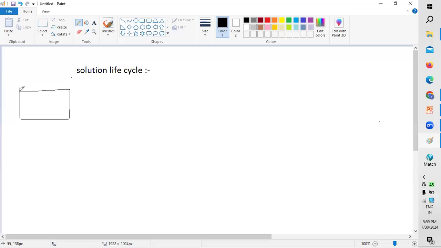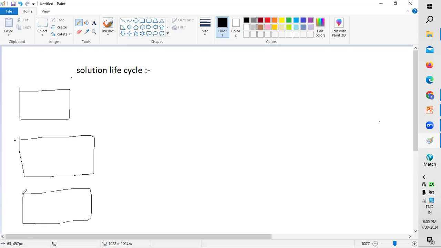The first is the pre-deployment part, the second is called the deployment part, and the third is the post-deployment. So these are the three basic things. Again, I'm repeating: pre-deployment, deployment, followed by post-deployment. These were the three points.